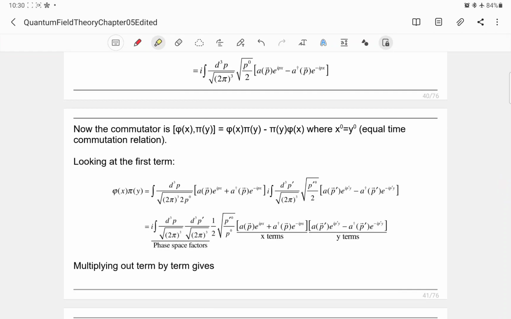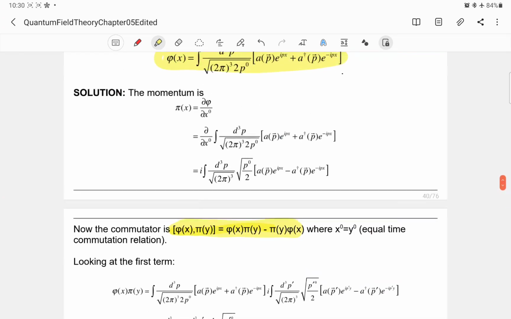So you have this commutator here. This is just, of course, the difference between the products, the interchange products. Now let's look at the momentum.